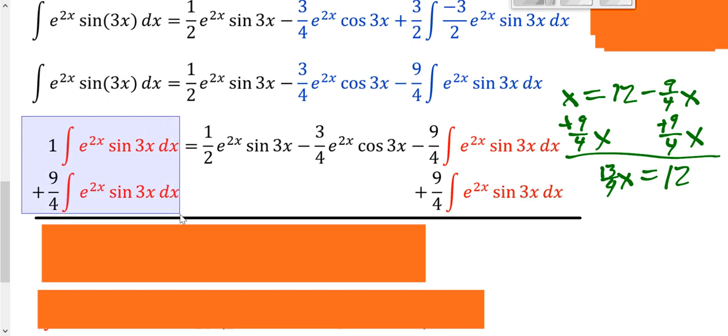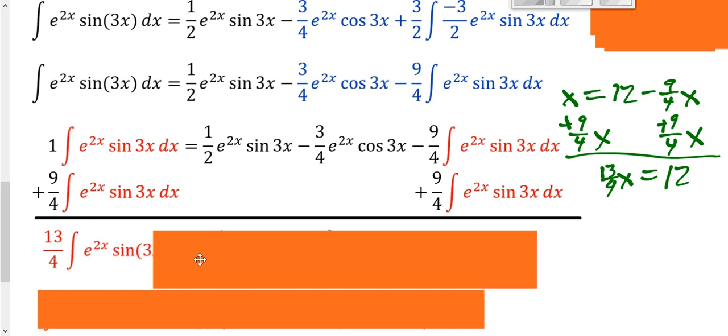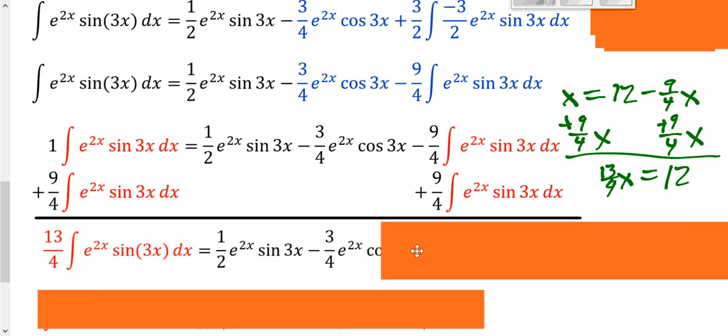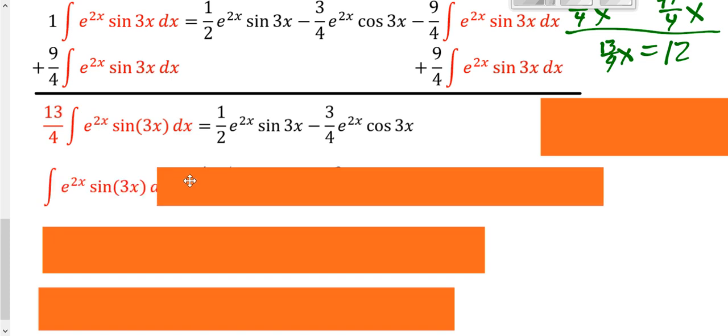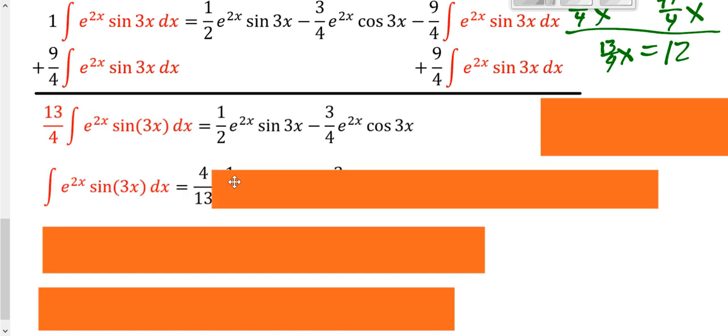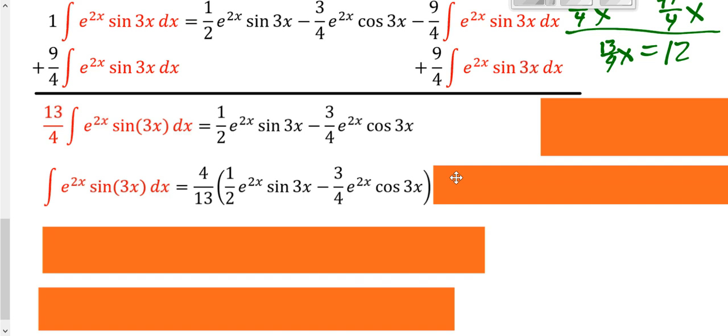Well, 1 plus 9/4 is 13/4 of these integrals, still equaling what we had over here. Well, now we got to just get our integral by itself, so we'd have to get rid of timesing by 13/4. So we divide by 13/4, or multiply both sides by the reciprocal, which is 4/13. So 4/13 times the whole right-hand side. So we have our indefinite integral by itself now.